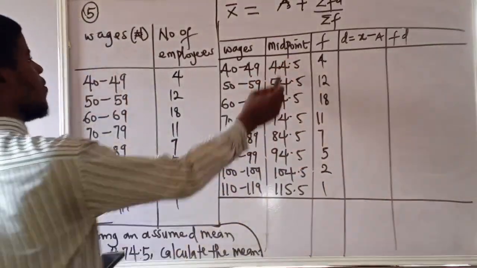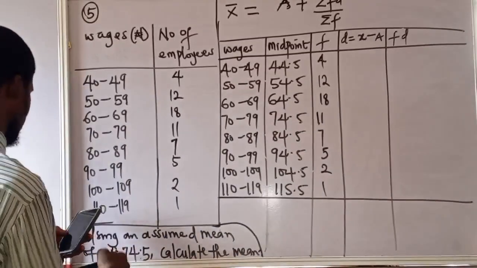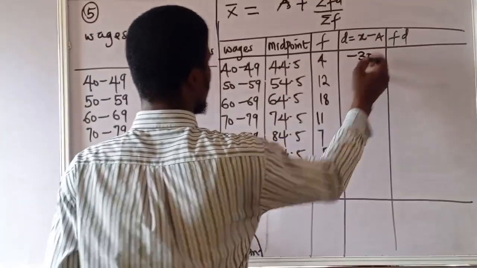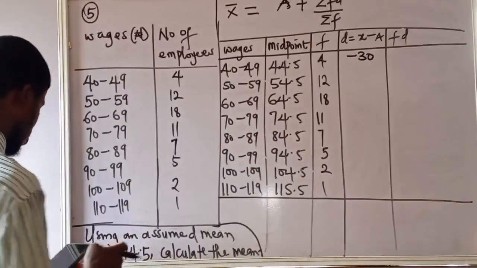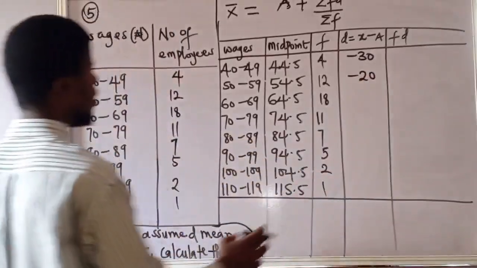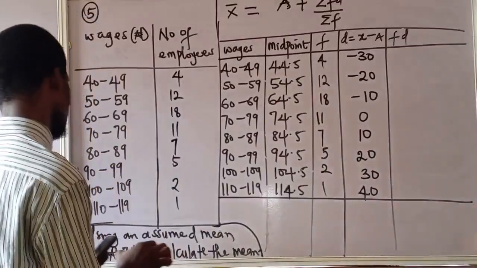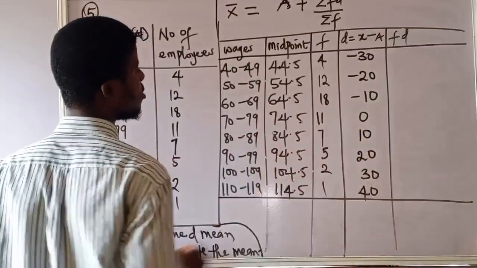So 44.5 minus 74.5, that's minus 30. 54.5 minus 74.5, that's minus 20. If I do the same for the rest of them, this is what I'll get, by subtracting this assumed mean from each of these midpoints.